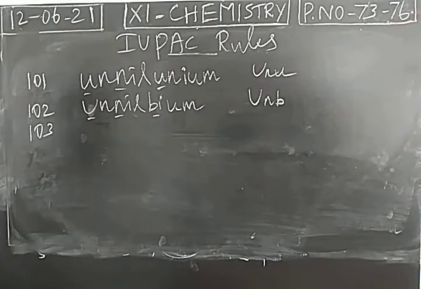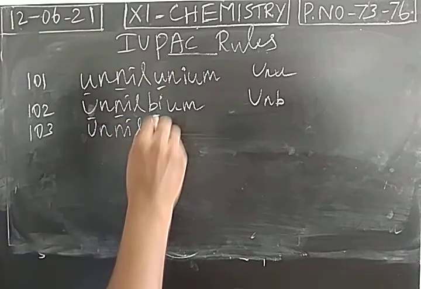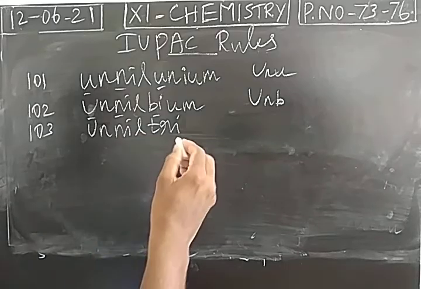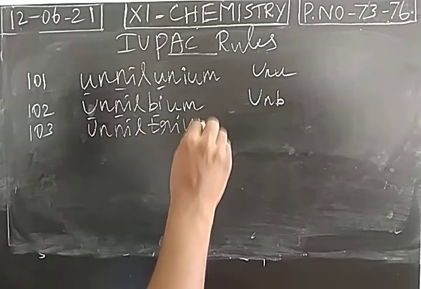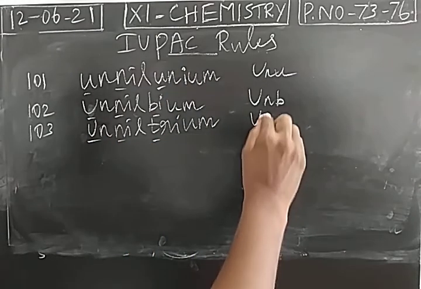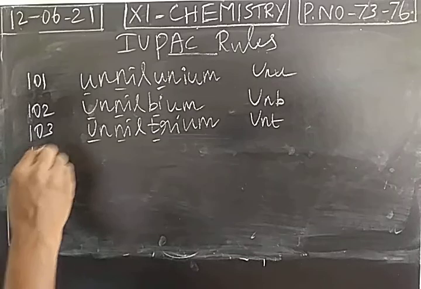Element with atomic number 103: unnil, 3 means root word tri. Suffix ium, we remove one letter I. So unniltrium, we take the first 3 letters: Unt. It's the symbol.